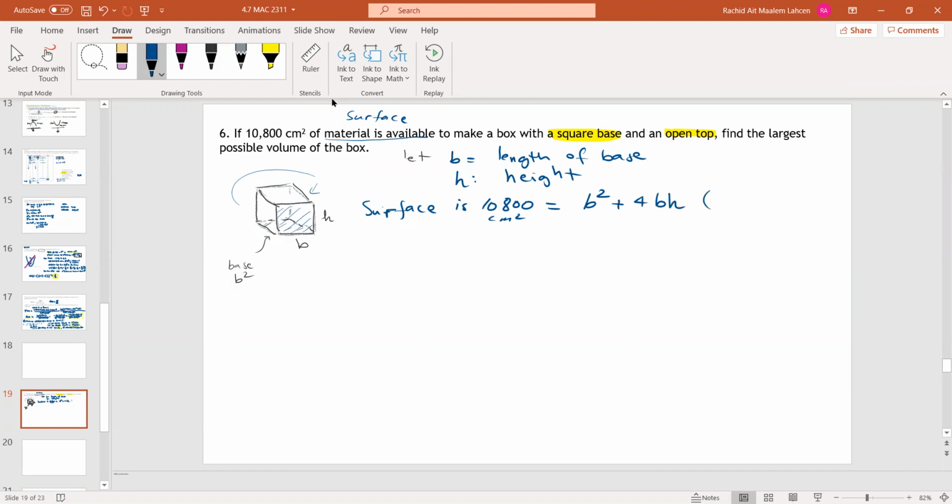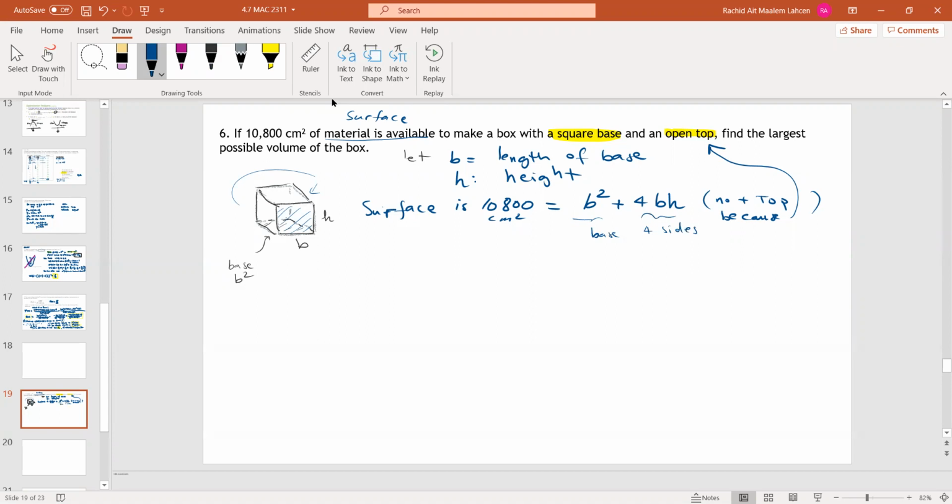And no plus top, because it's an open top. Usually you have 6, right? But here we have 1, the base, and we have 4 sides.